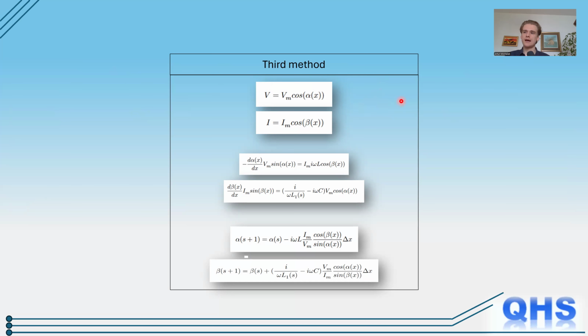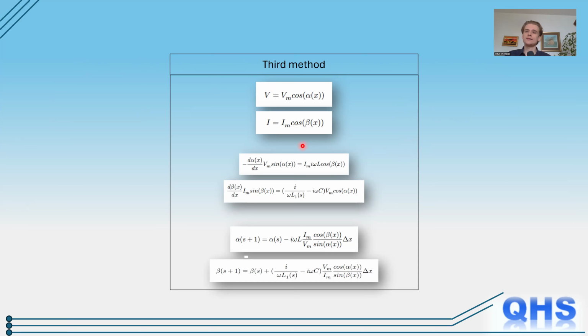Other than that, it is the same as the previous method, but we set up exactly the same system of equations and solve it, but we try to find not V and I at the first point.